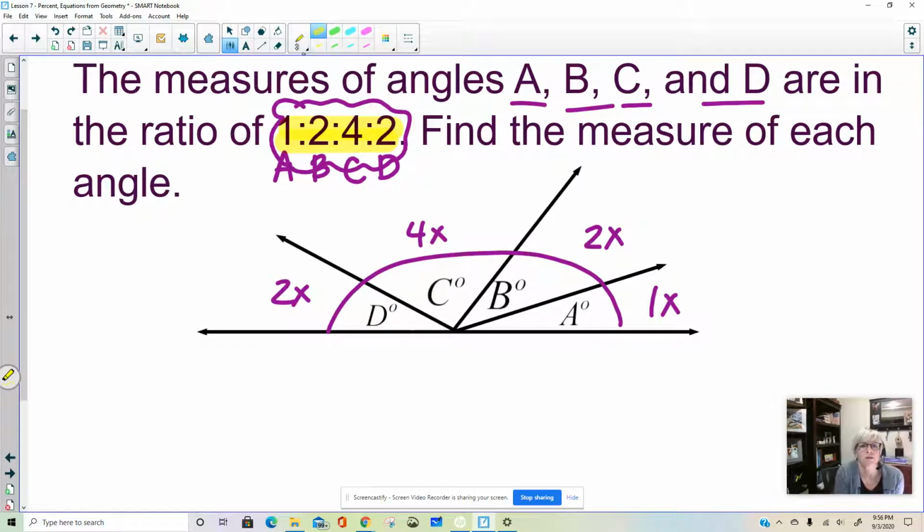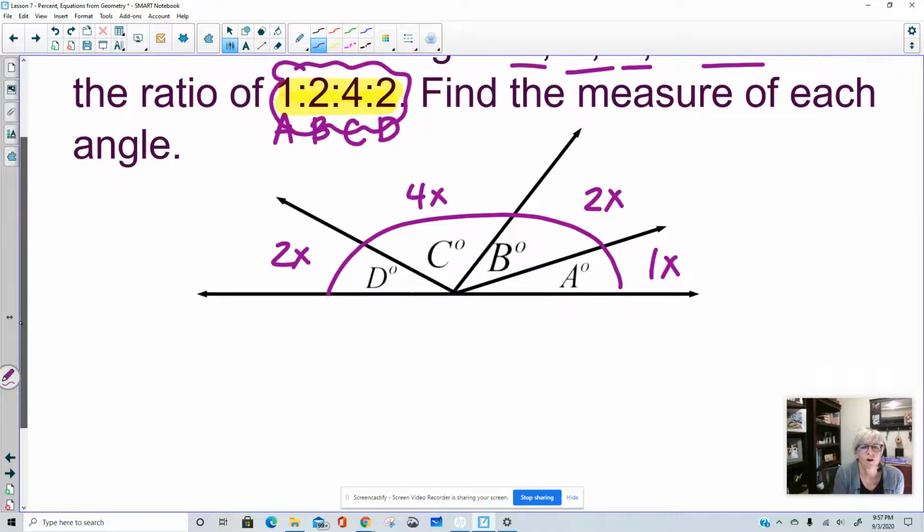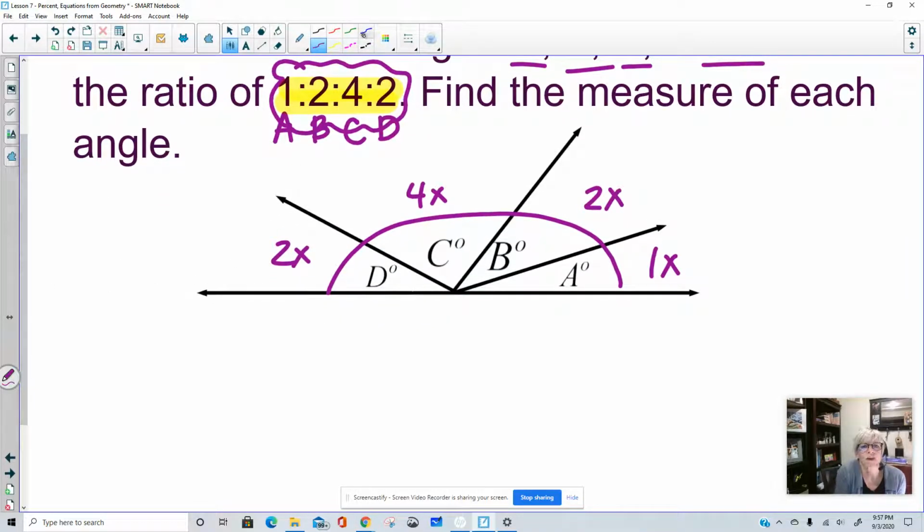And so all we have to do now is add these up. Let's start on the left, going in order of reading. So we can say angle D, which is 2x, plus angle C, which is 4x, plus angle B, which is 2x, plus angle A, which is 1x.